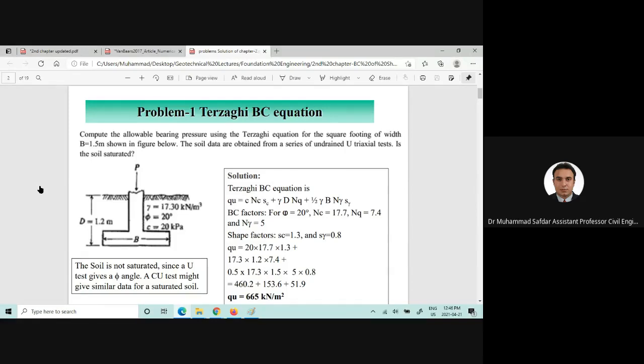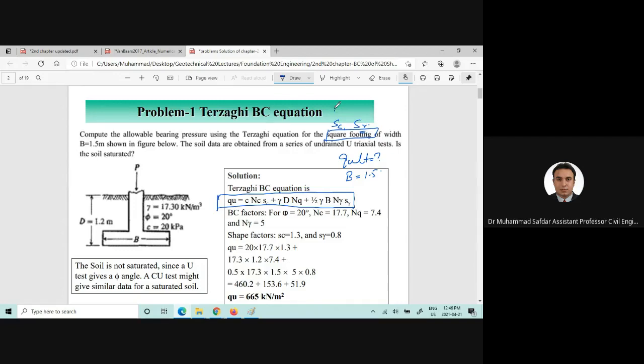In problem number 1, we need to use the Terzaghi's bearing capacity equation, and here is the Terzaghi's bearing capacity equation. And I told you to write down this equation because it's very important, otherwise you will be unable to find out the ultimate bearing capacity. So Q ultimate we need to find out. B is given 1.5, square footing is given, so SC and S gamma values can be taken from the table.